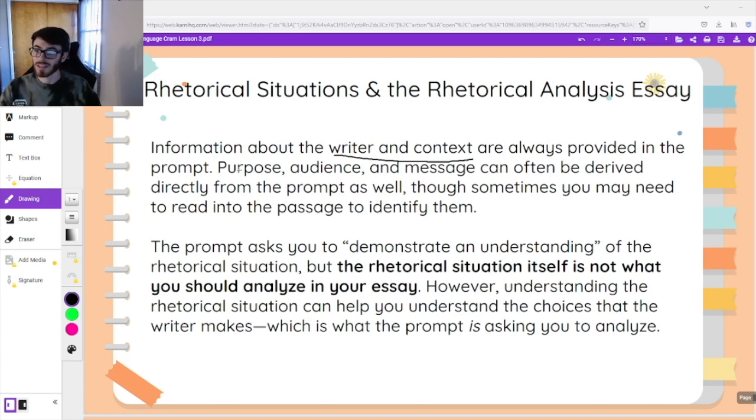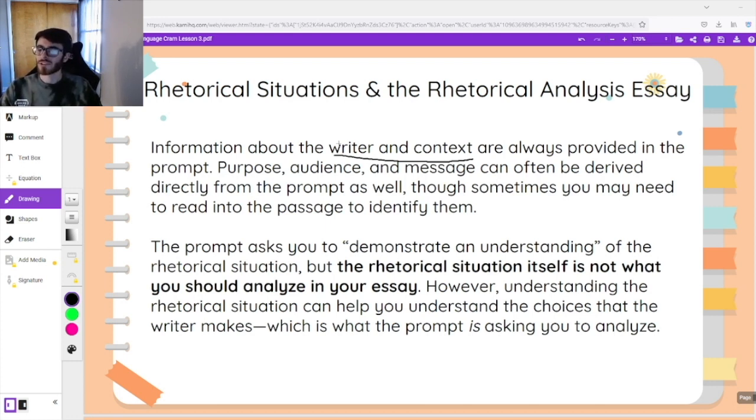Message is, I think, the easiest one to figure out, because if you can't figure out the author's message, they're not a very good author. They should be making their message abundantly clear to you. It's just, what is their main idea? What are they trying to convey? And the context can help with audience as well. But yeah, those can be found pretty easily, usually straight from the prompt, if not pretty quickly in the passage.